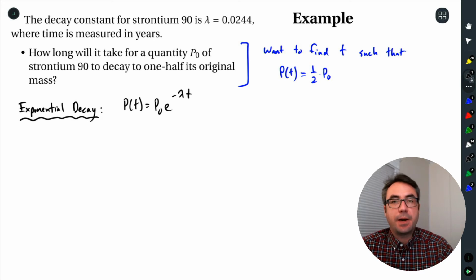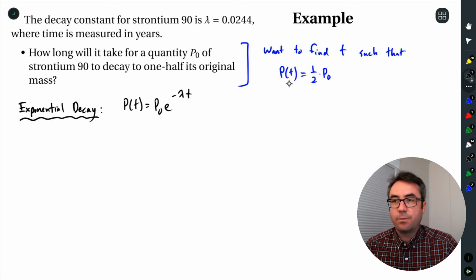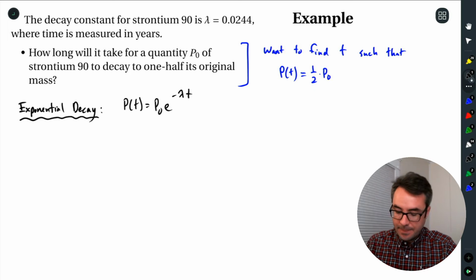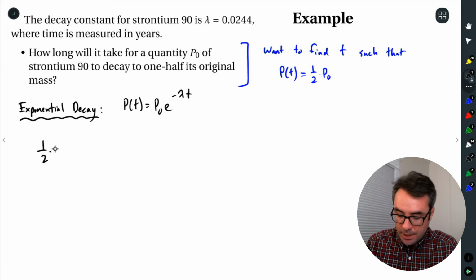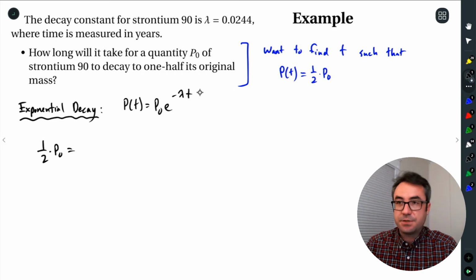So we're going to set up our equation based on what we're trying to find. We have this formula, and we want to set it equal to 1/2 of our starting population. So we're going to set 1/2 times our starting population equal to P0 e raised to the negative lambda times T.